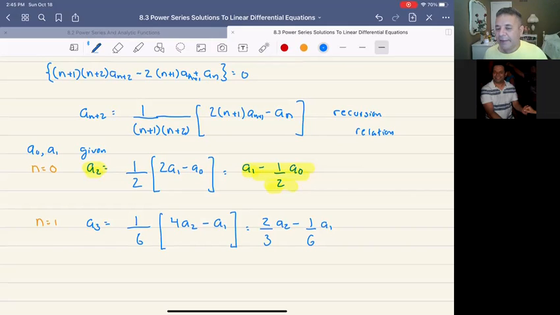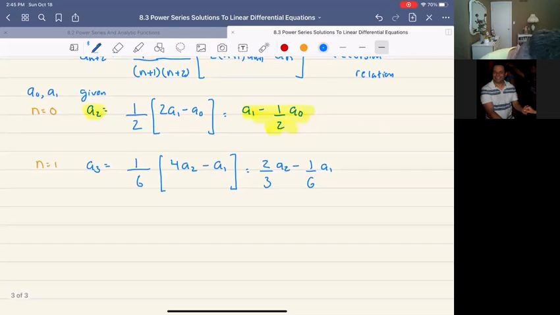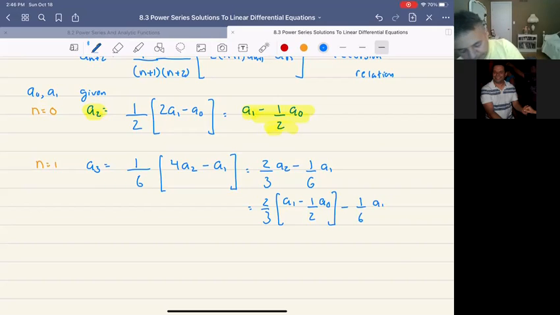But now, a sub 2, I have it here, right? So I'm going to replace that. So that's going to be 2/3 a sub 1 minus 1/2 a sub 0 minus 1/6 a sub 1.